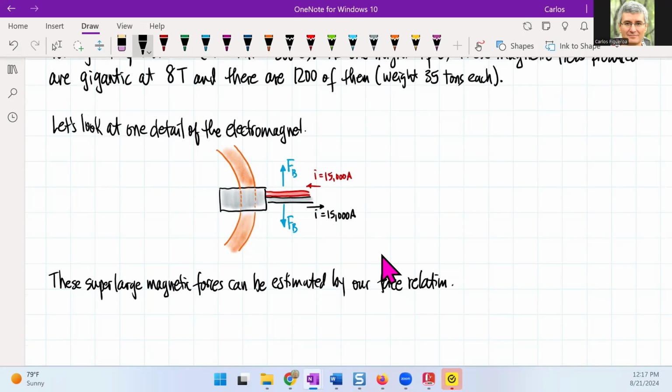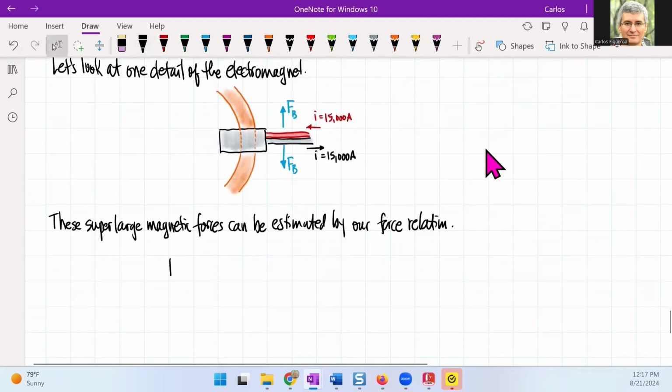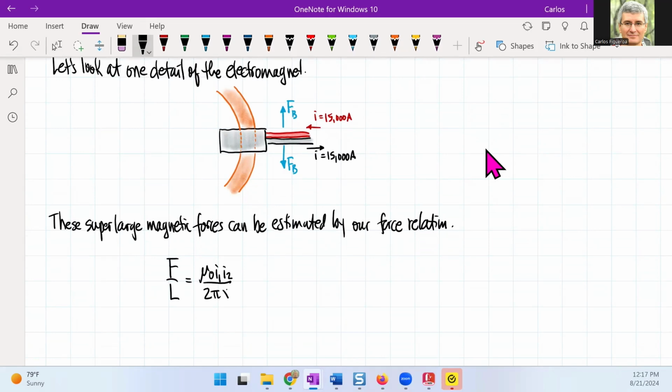So we could say that the force per unit length is going to be mu naught I1 I2 divided by 2 pi x. What you're typically seeing here is that I'm thinking about the force between two cables. Note that it's going to change the number here, but we're just trying to get an idea between two cables.